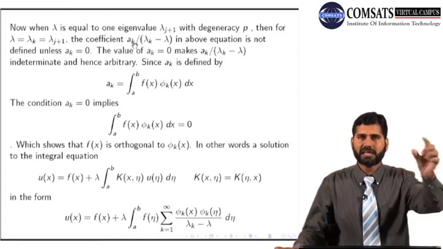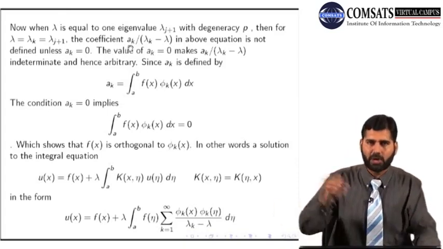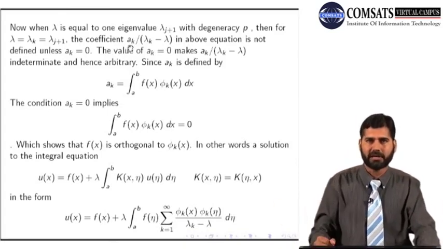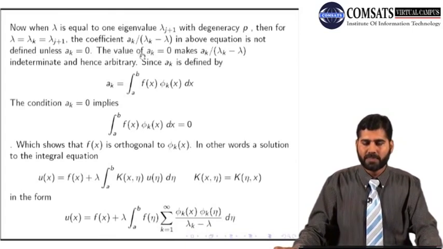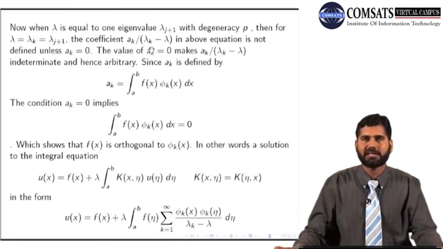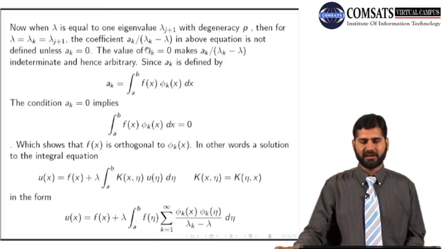If a_k is 0, then the coefficient is indeterminate and arbitrary. So this is the only possibility. Otherwise, if a_k is not equal to 0 and lambda is equal to lambda k, then the coefficients will not be defined and we won't have a resolvent kernel.